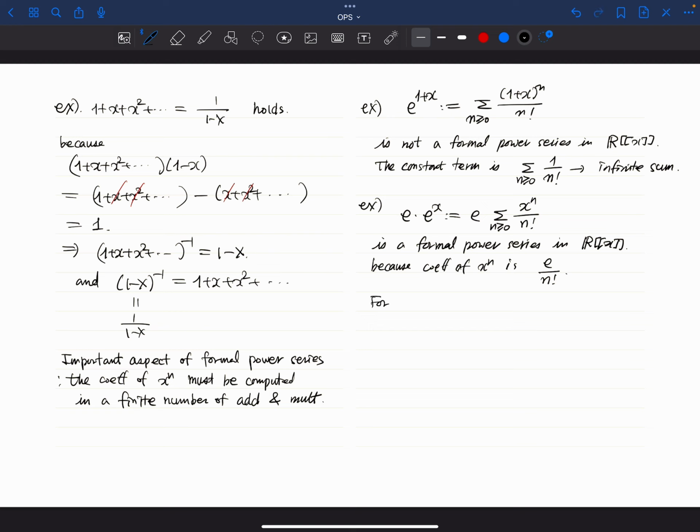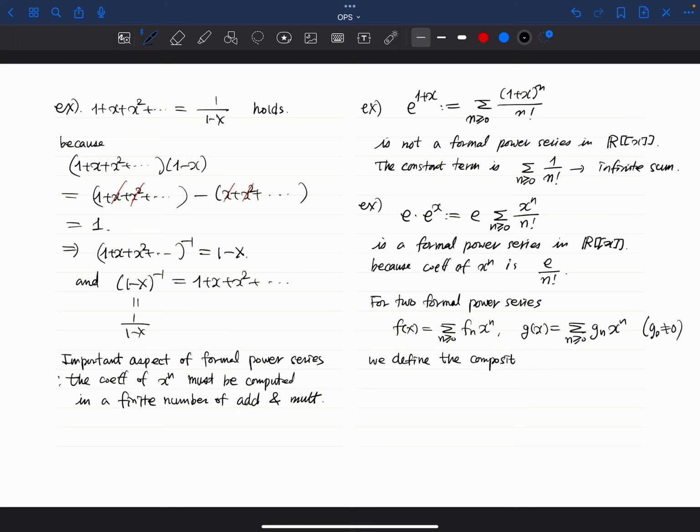For two formal power series, say f(x) and g(x), where g0 is zero, we assume that, we can define the composition of f and g by this.